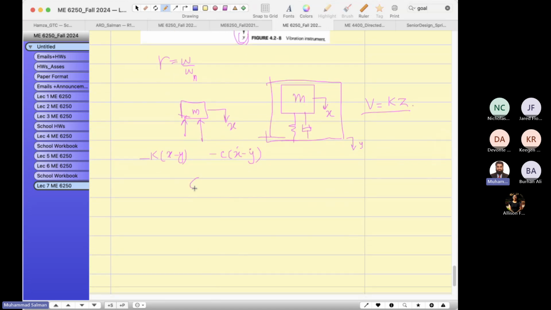So all the forces, this is the spring force, this is the damper force, are equal to mass times acceleration.